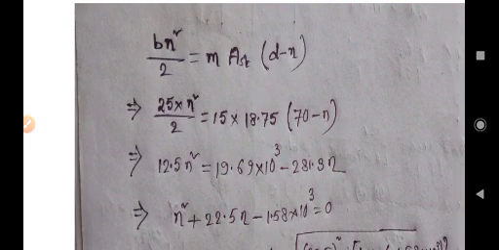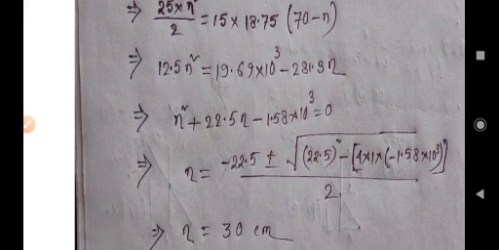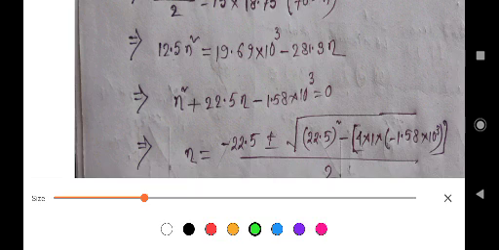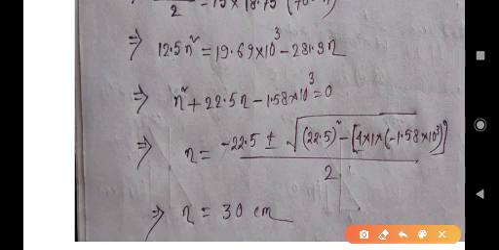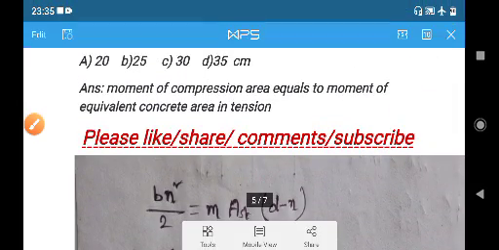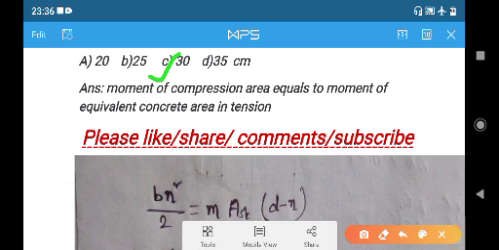If we put the values b equals 25, m equals 15, Ast equals 18.75, effective depth 70, then by equating we get n equals 30 centimeter. So here right answer is option C, 30 centimeter.